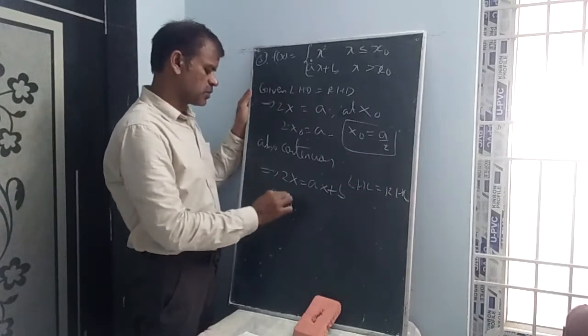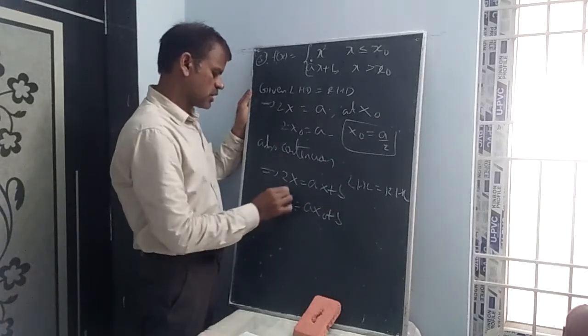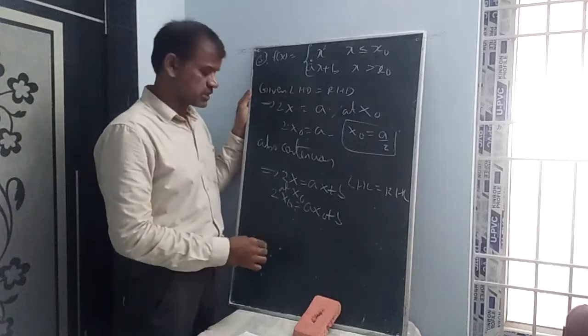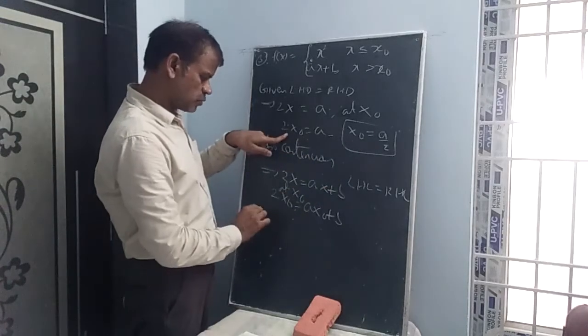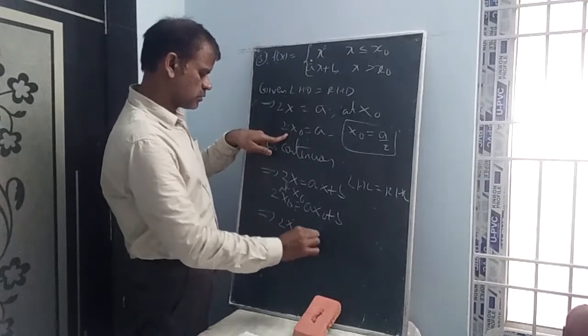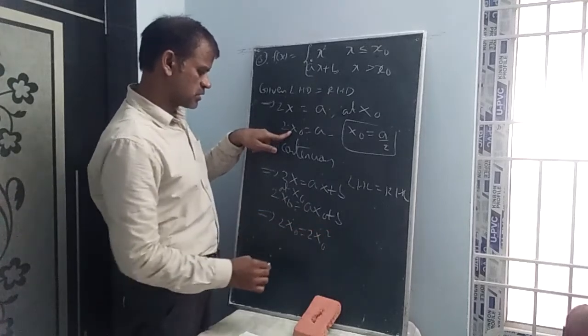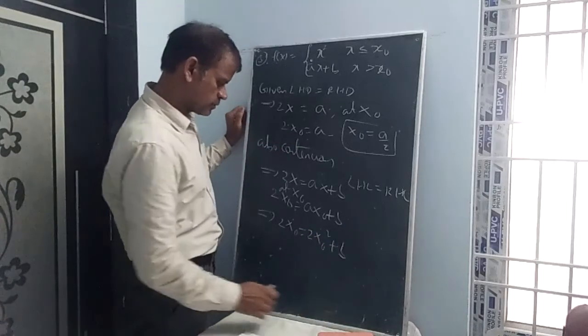LHL here you can understand x naught square equal to ax naught plus b, putting x equal to x naught. So the a value, yes, we had written 2x naught.